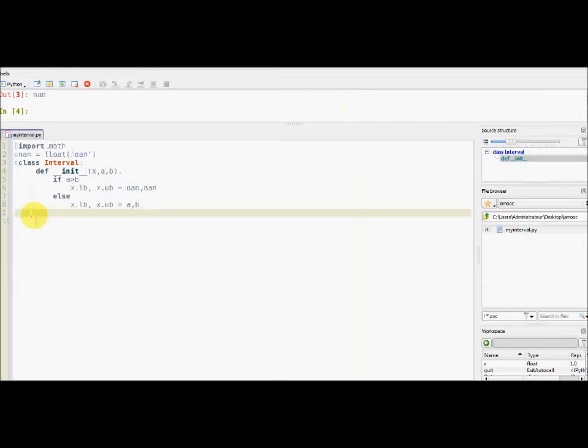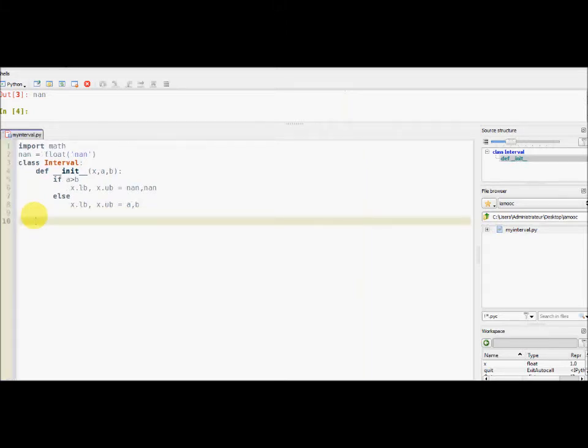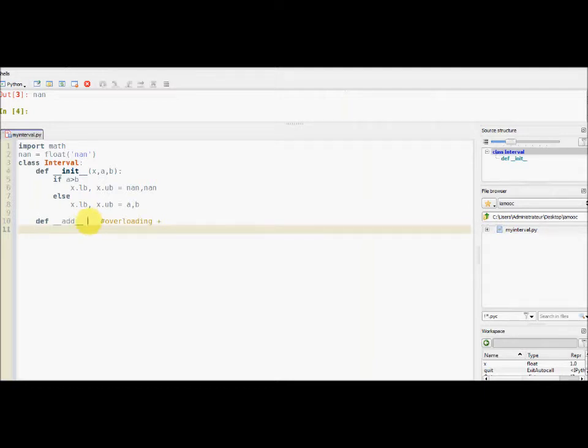Now I will define the addition. So definition of the addition. So here this is a specific keyword that tells us that I am programming now the sum, the plus. So it corresponds to overloading the plus. So I have two values, x and y.